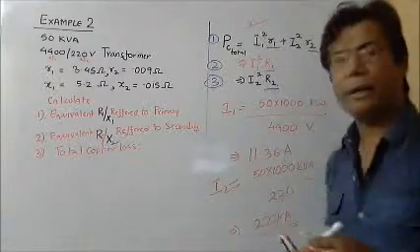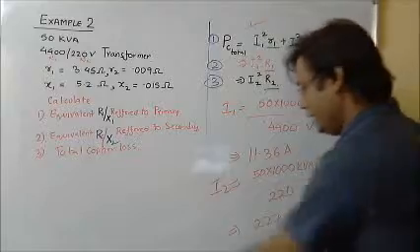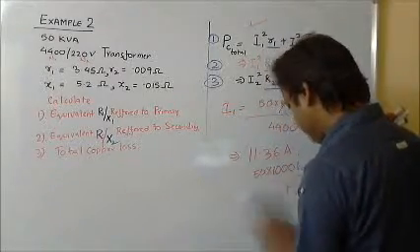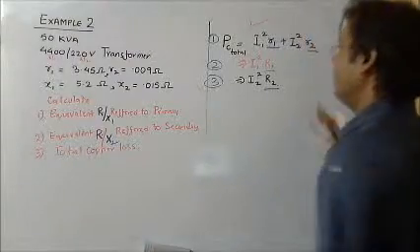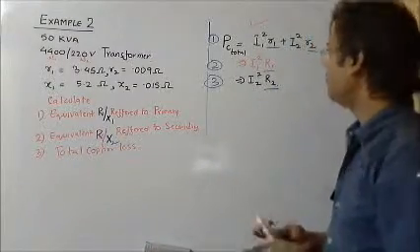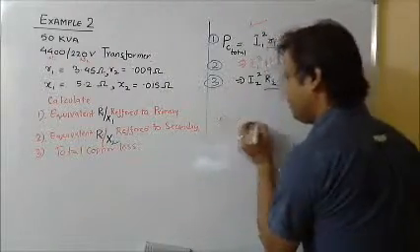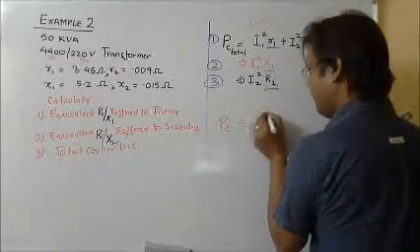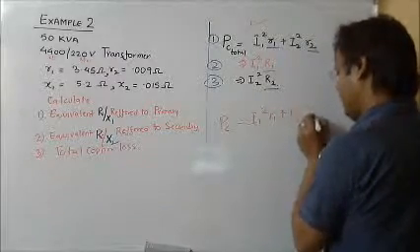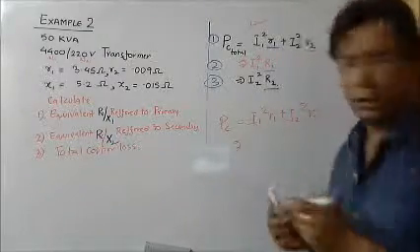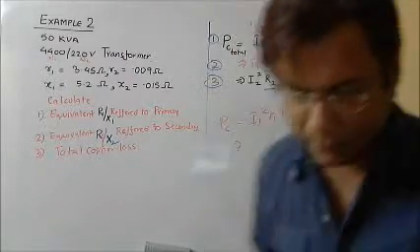In this way I can find I1 and I2, and I'll put them in either formula. We'll be using the previous method only. Then P copper is equal to I1 square R1 plus I2 square R2, because everything is known to us now. So the total copper loss is 900 watts.